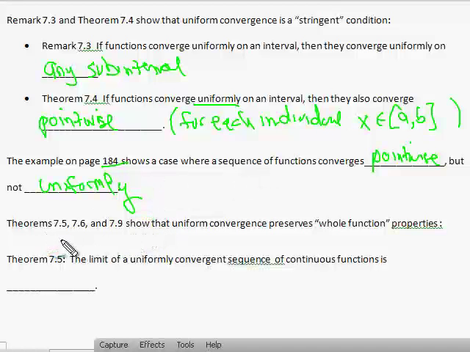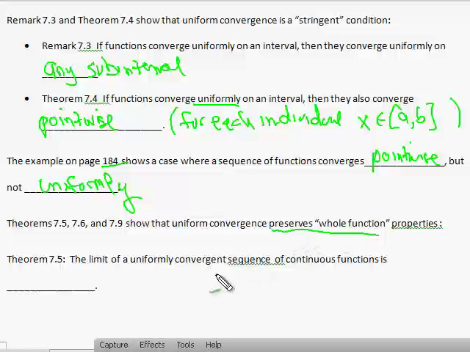All right. Now, this strong condition of uniform convergence gives us preservation of whole function properties, which is very useful. Like I said, this means that if we have a uniformly convergent sequence, then if we take one of the fn's for large n, we essentially have the same function as the limiting function at the end.